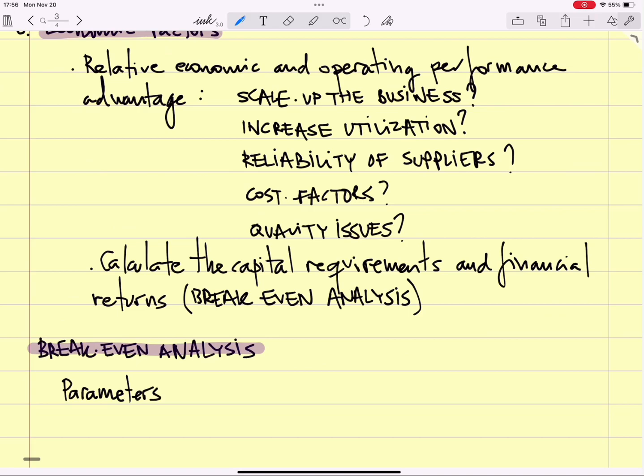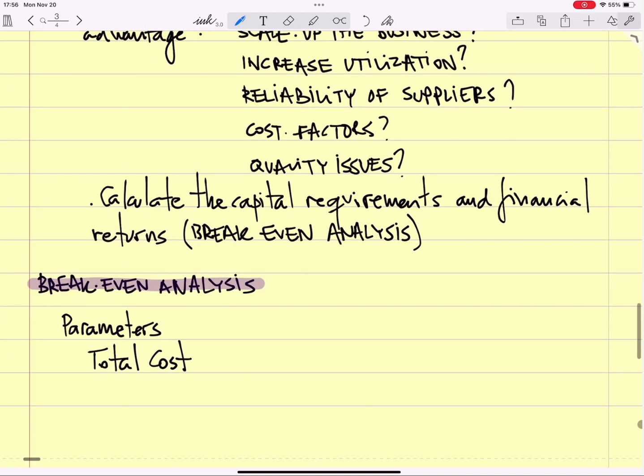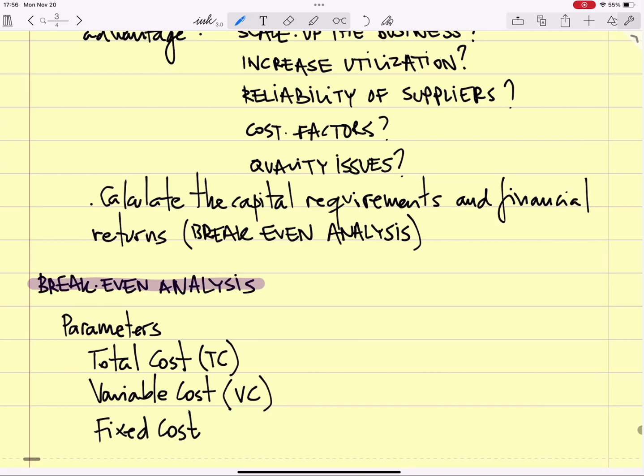So you have some parameters. The total cost. And of course, this is a super easy example. You have the variable cost, VC. You have the fixed cost, which is FC.